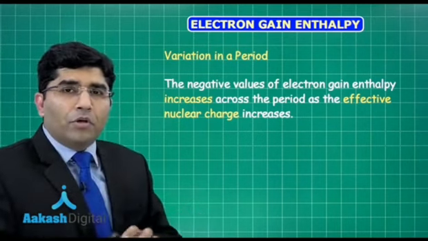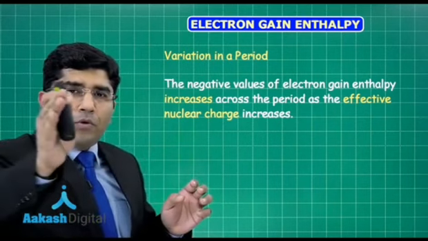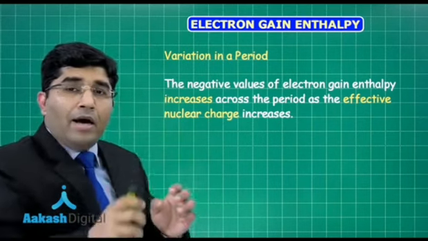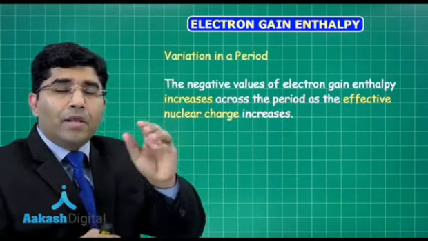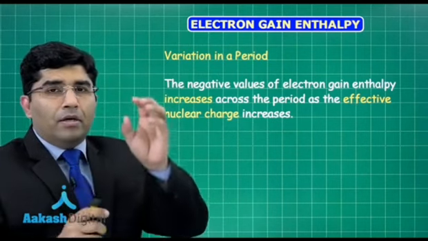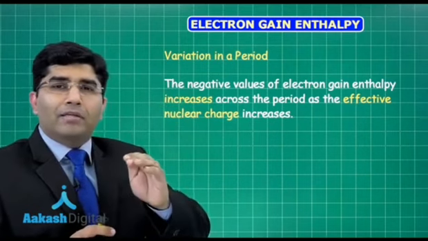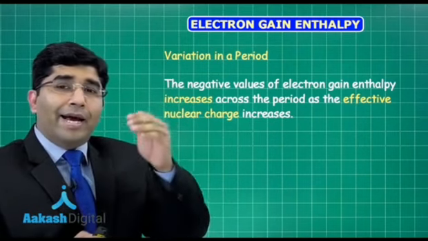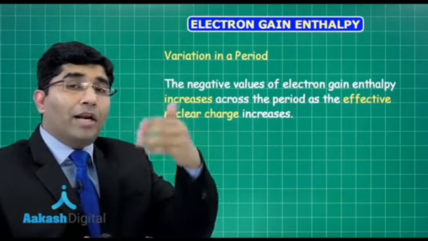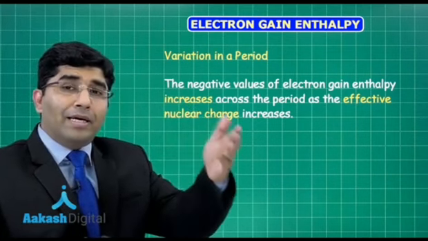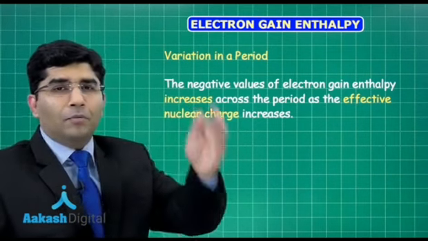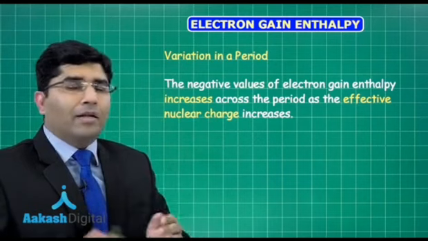So if number of protons are increasing and size is also decreasing, definitely the nucleus can attract that electron very easily. Therefore, the negative value of electron gain enthalpy will increase when we move across the period. So that was the trend in the group and the period.